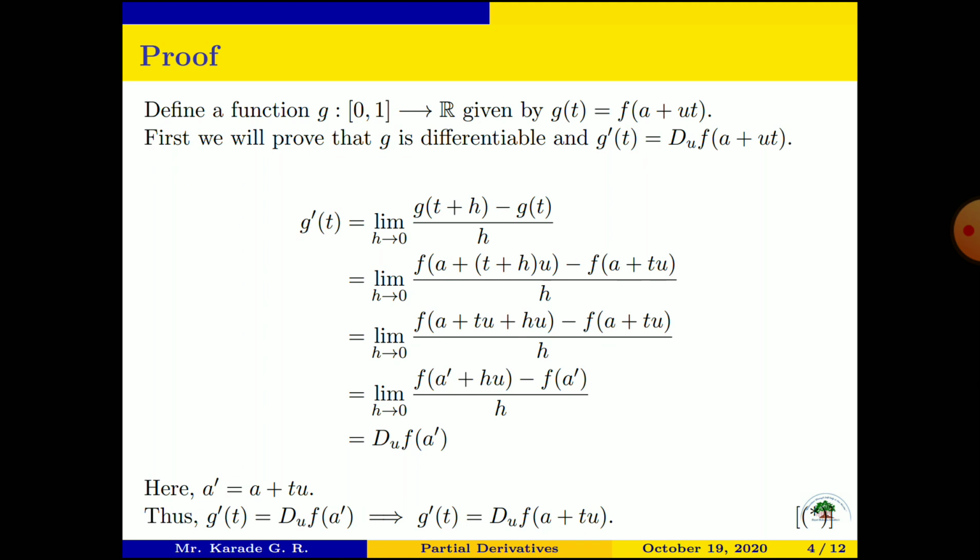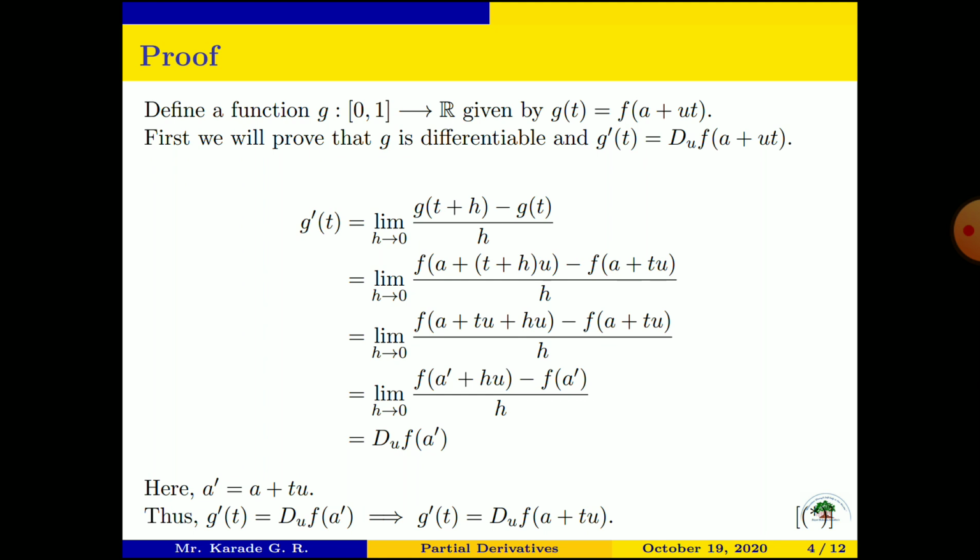In the third step, it is equal to limit h tends to 0, and if we simplify the inside bracket, f of a plus tu plus hu minus f of a plus tu. So let us write a dash for a plus tu. Our next step will be limit h tends to 0 of f of a dash plus hu minus f of a dash divided by h.